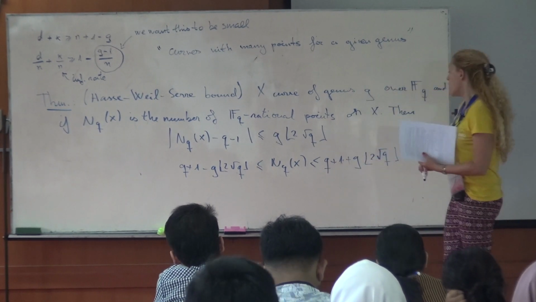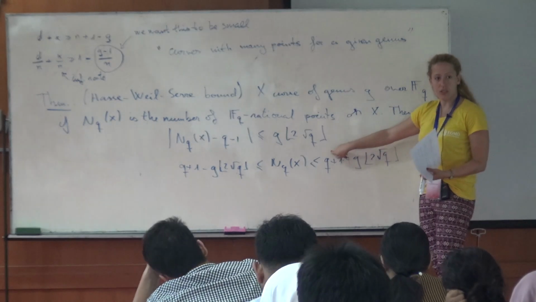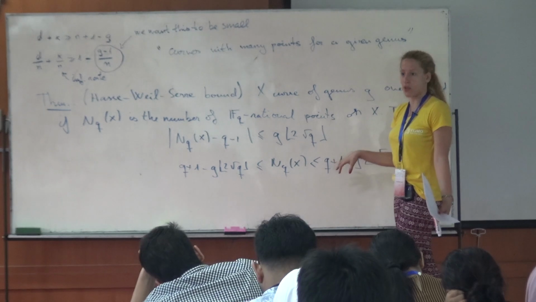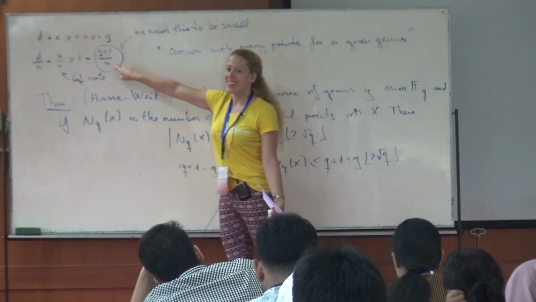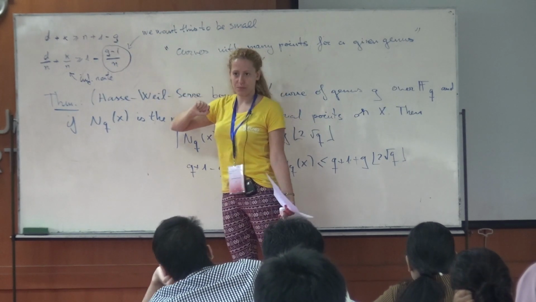Sorry, this is a plus. This tells you that if you are fixing the genus and you are fixing q, then the number of points is bounded by this number. So here the n cannot be that big, it is bounded by g.